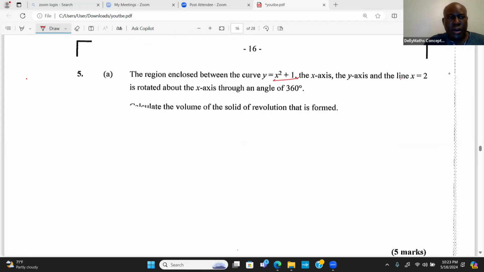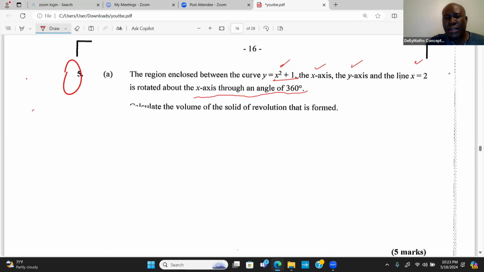All right, so for number 5, it says the region enclosed between the curve y equals x squared plus 1, the x-axis, the y-axis, and x equals 2 is rotated around the x-axis through 360 degrees.